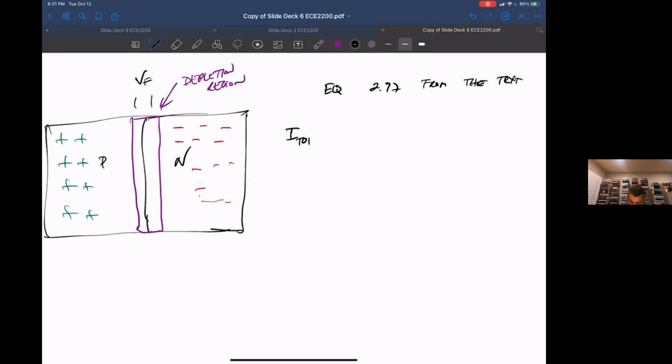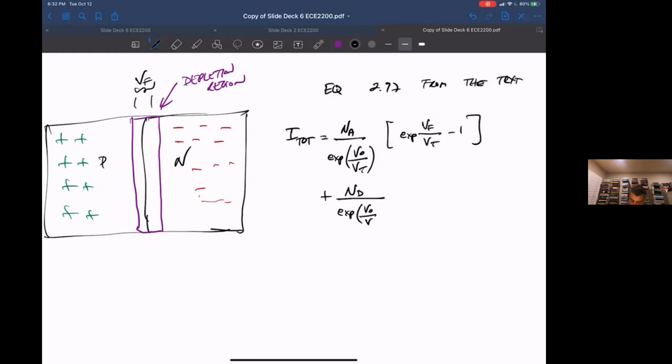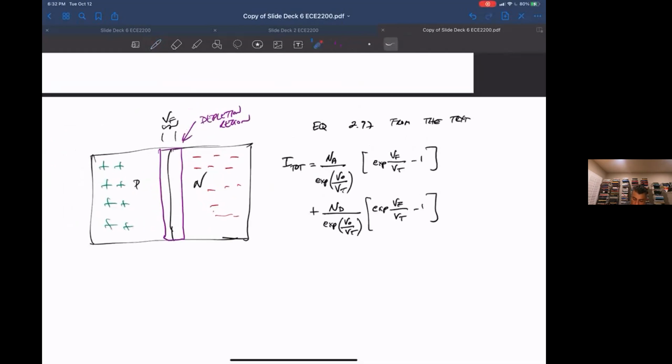The total current that's caused by this forward voltage is N sub A over exponential of V0 over V sub T, that's the built-in potential, times exponential of V sub F over V sub T, minus 1, plus N sub D over exponential of V0 over V sub T, times exponential of V sub F over V sub T minus 1. Okay, so this is the total diffusion current flowing.